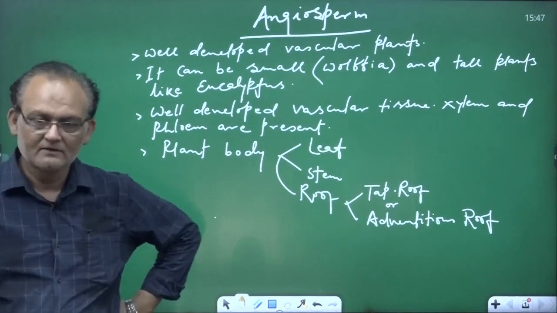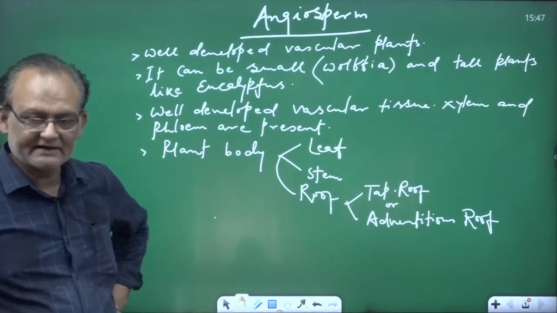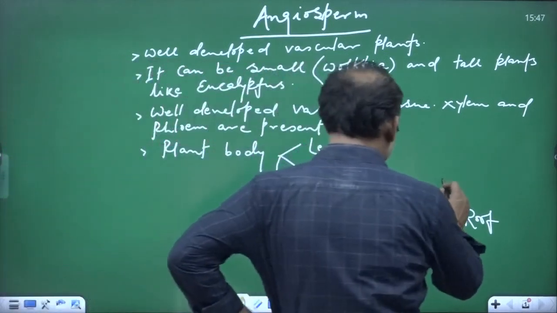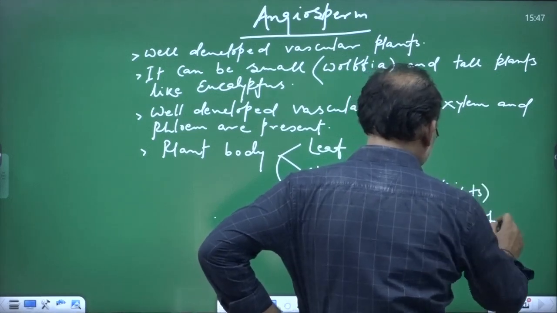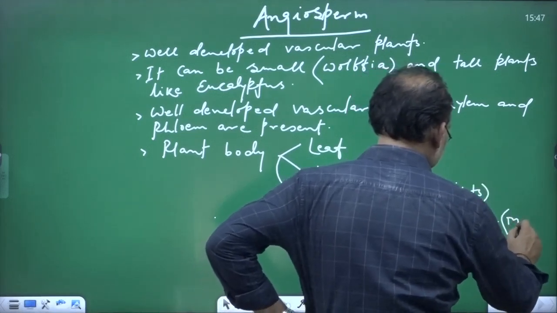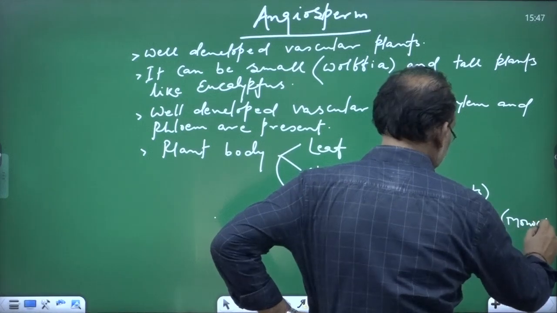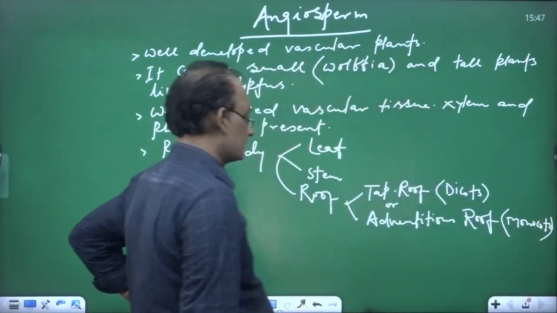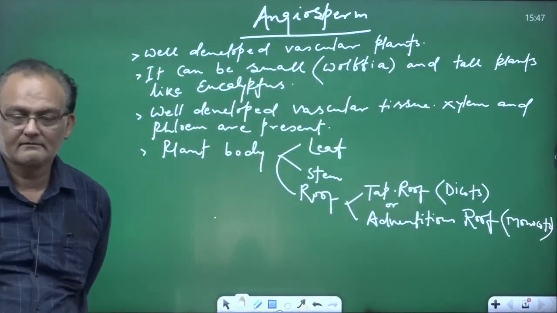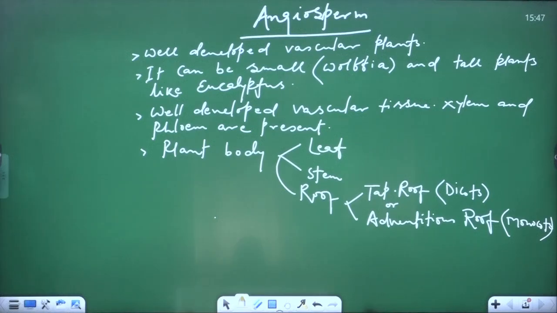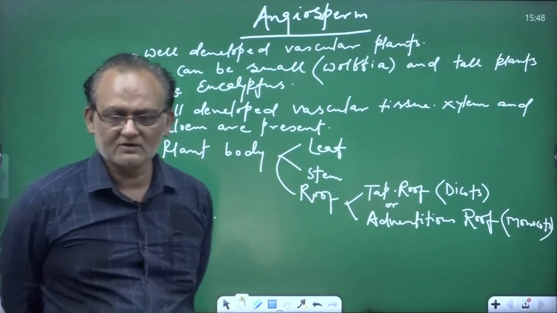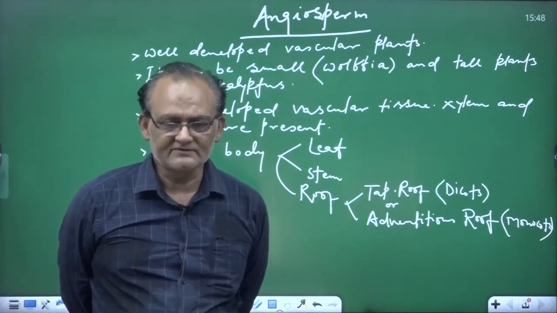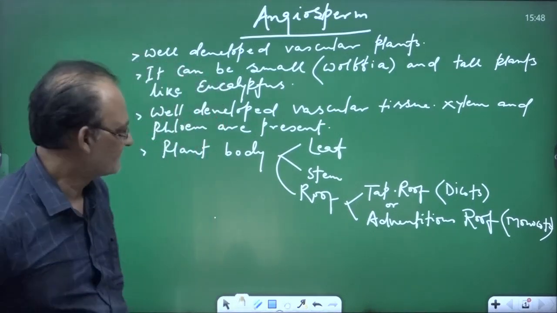Tap root is found in dicots, and adventitious root is found in monocots. Clear? We'll do the distinction between dicots and monocots after we complete this, right?